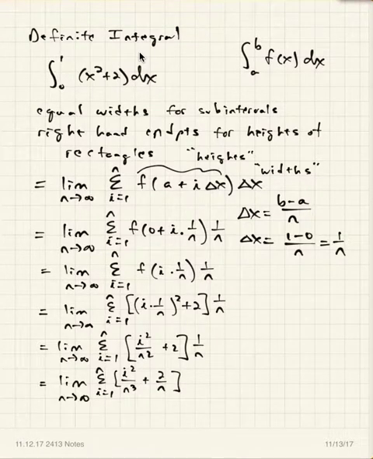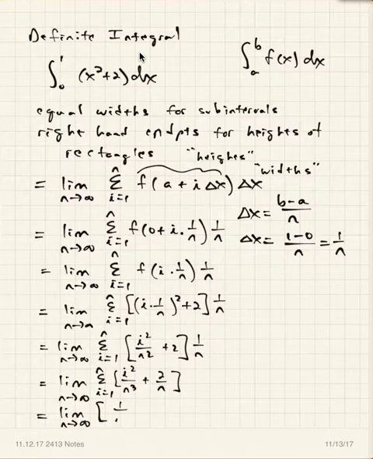Now remember, the idea is to use some formulas that you have to evaluate this sum. So let's see, we have the limit as n goes to infinity, sum as i goes from 1 to n. Let me erase that here real quick. We're going to write this as 2 summations, and we're going to take these constants out.